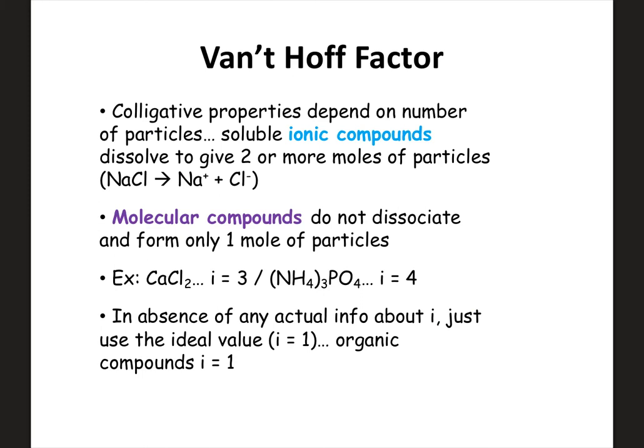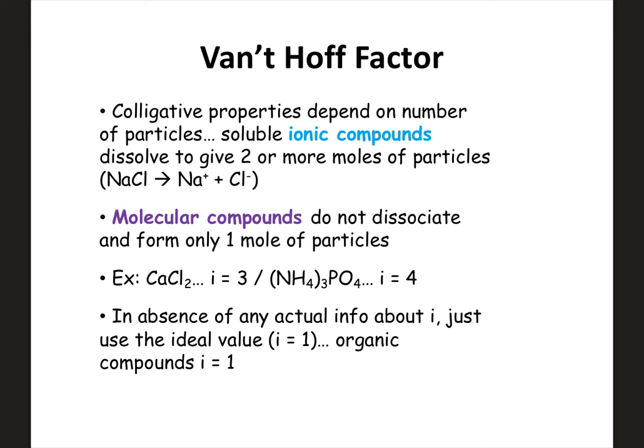Let's talk more about this van't Hoff factor. All right, we already know that colligative properties depend on the number of solute particles here. So the amount of particles that form are important. We know that if you have an ionic compound that's soluble, they're going to dissolve, or more specifically, they're going to dissociate to give you 2 or more moles of particles for every substance that dissolves.